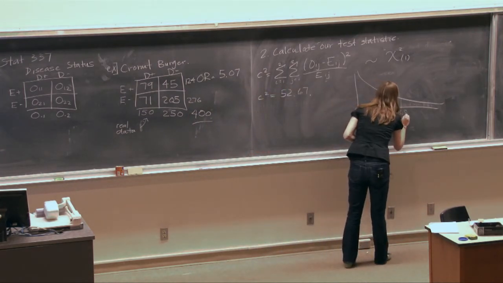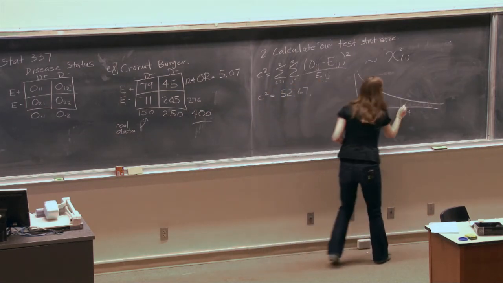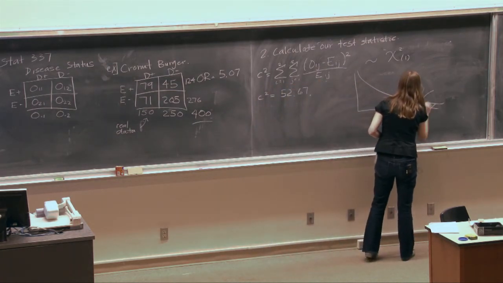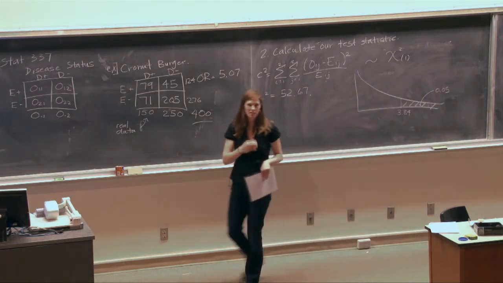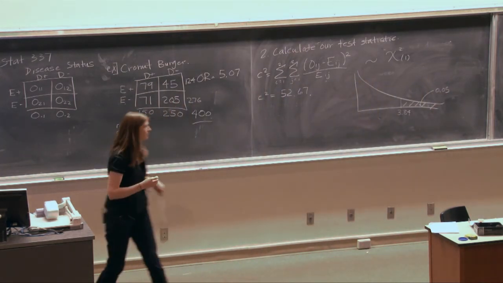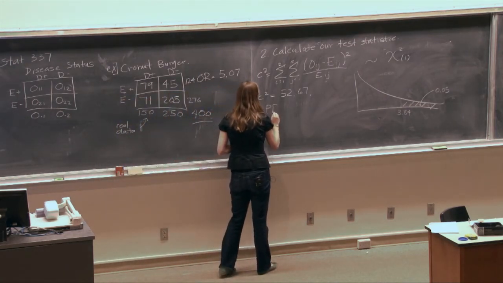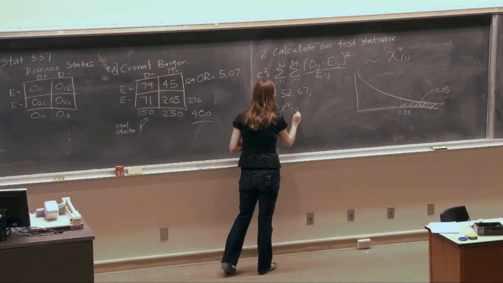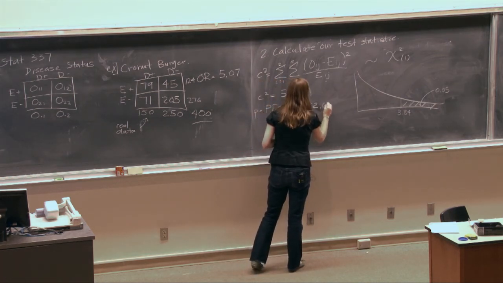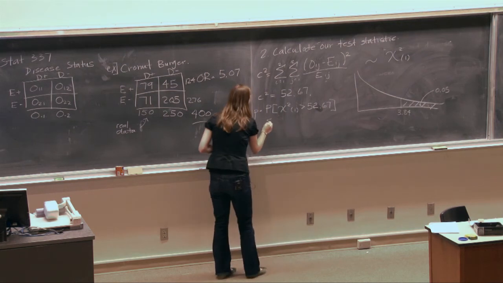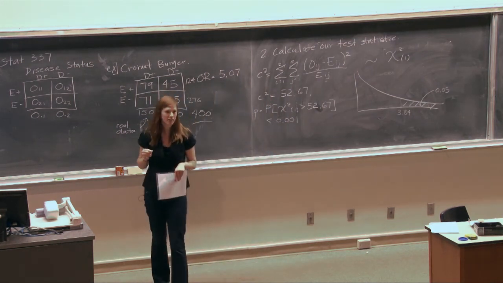And this value here, 3.84, has only 5% of the area under the curve to the right of it. So if we get a p-value, the probability that a chi-square 1 is bigger than 52, that's going to be less than 0.001.